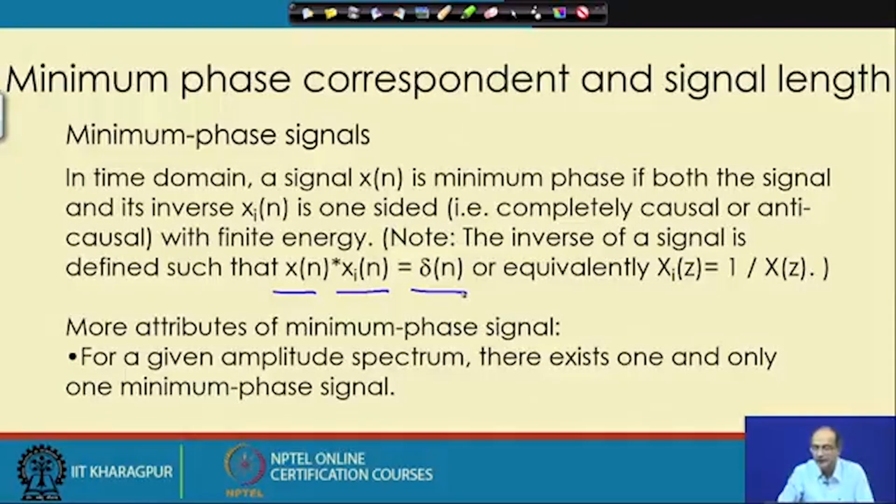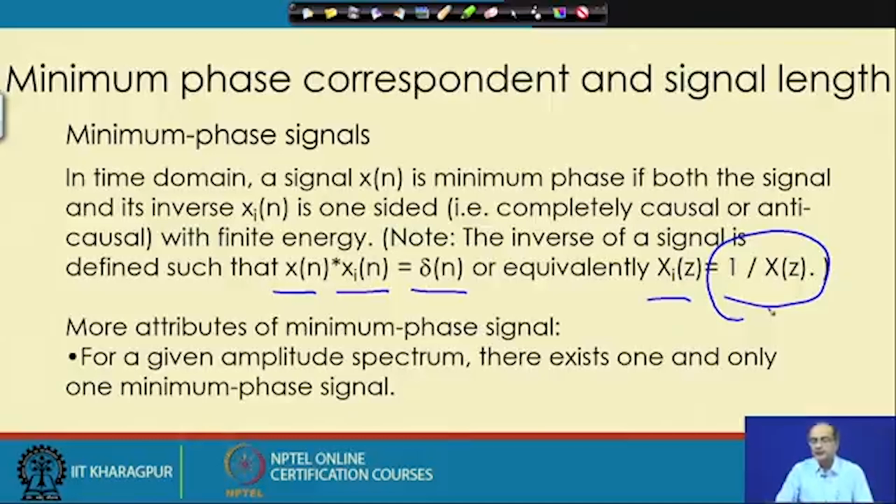Or in the z domain, the transfer function of the inverse signal is the inverse of the z domain representation of x[n], that is 1/X(z).